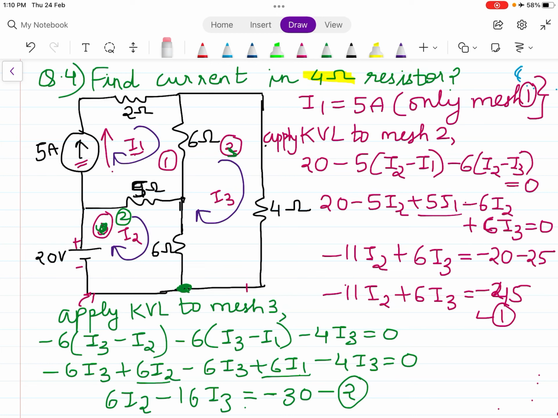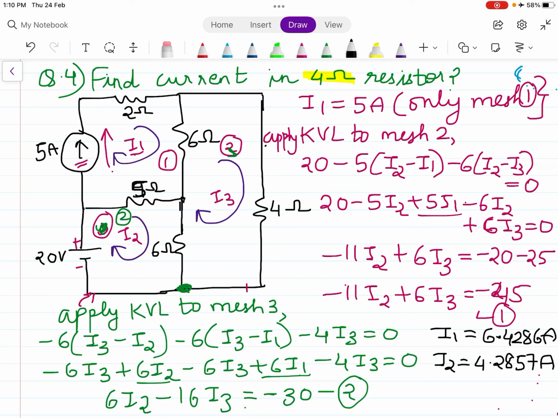So I'm getting I2 equal to 6.4286 amperes, and I3 I am getting as 4.2857 amperes.